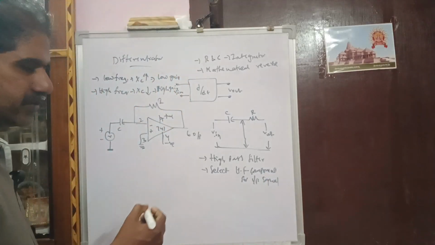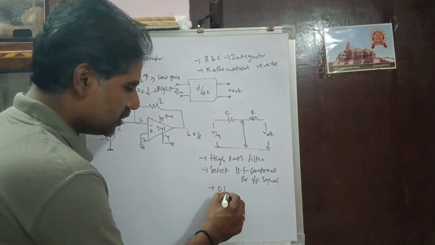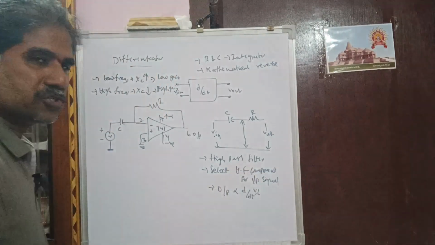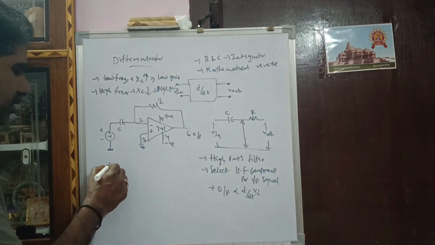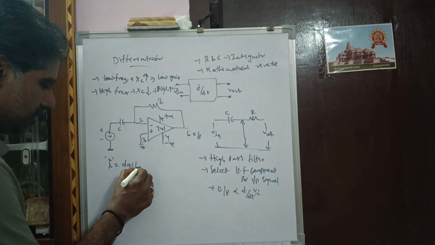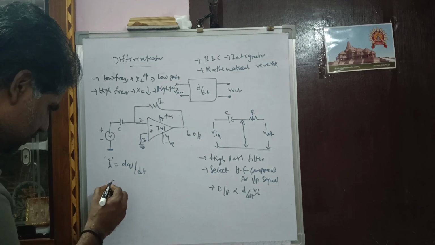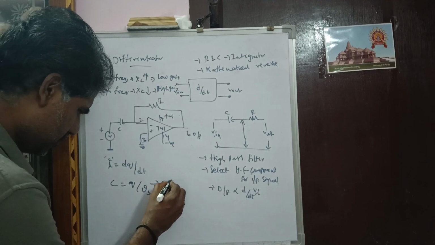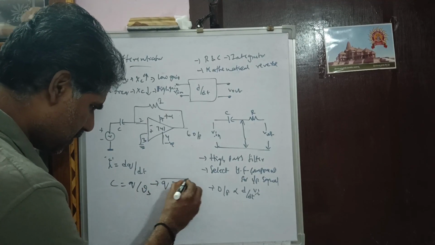The basic definition is that the output is proportional to the differentiation of the input voltage. For that, I am taking the current I, which is the ratio of charge per time. You already know that capacitor C is equal to Q by Vs, so Q is equal to CVs.